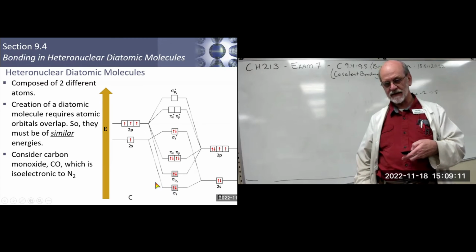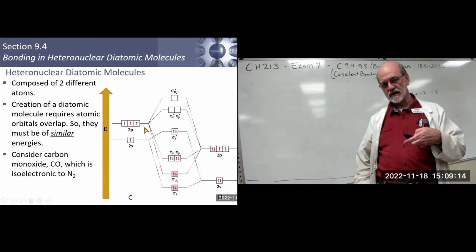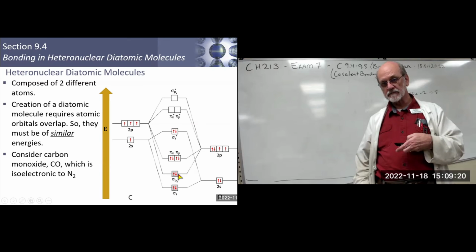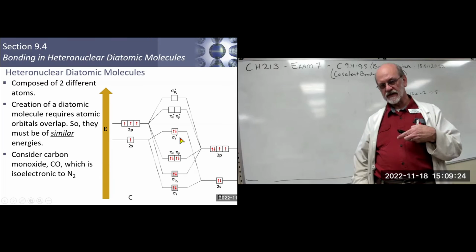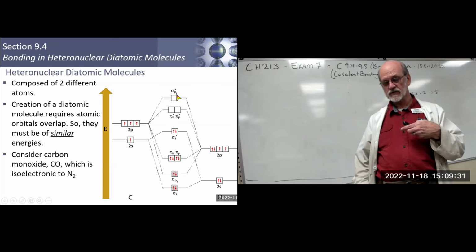So you can see that. And then when we get the p's, we try to form orbitals there. And this is carbon and oxygen. In this case, we have sigma here, and then we have pi. But in this case, it looks like there's no mixing, right? There's no mixing.